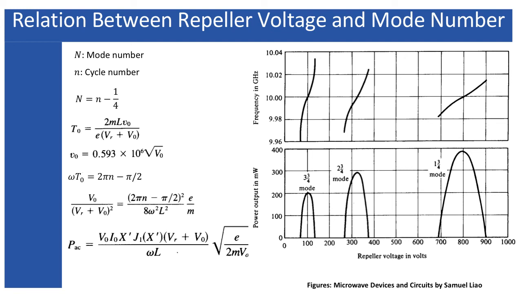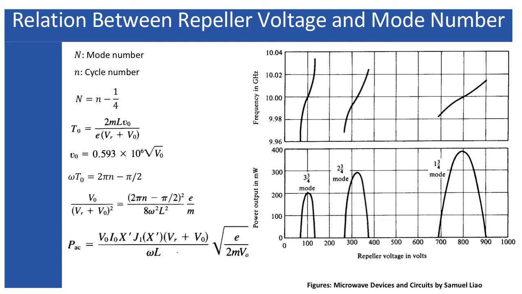If you increase the number of modes, then the efficiency also decreases, because mathematically the cycle number appears in the denominator of the efficiency that I already derived. So with a higher order mode, you will have less efficiency.